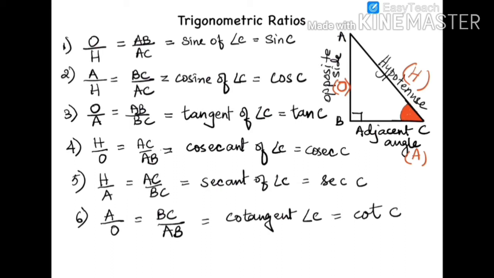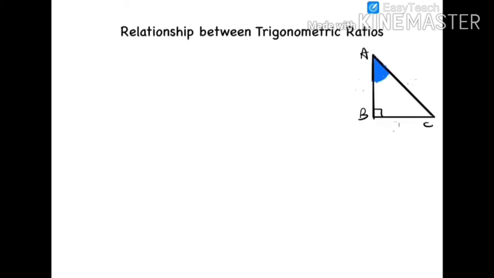So we can see that these ratios are actually the relationship between the sides of the triangle and the angle. Now we can also form relationships between these ratios. If we consider angle A, then the opposite side will be BC, adjacent side will be AB, and hypotenuse will be AC.